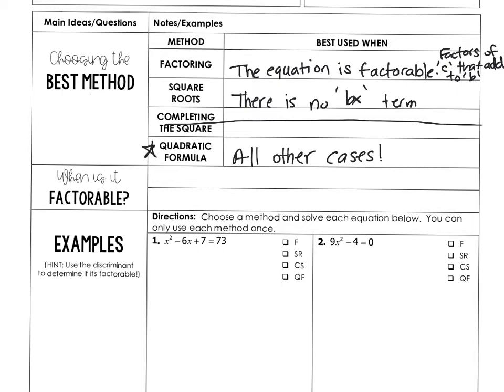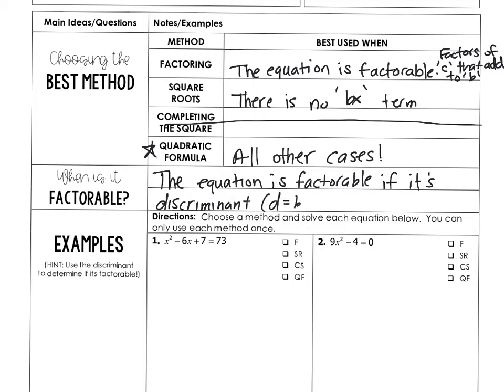So when is a quadratic equation in standard form factorable? It is factorable if its discriminant, that is d equals b squared minus 4ac, is a perfect square.